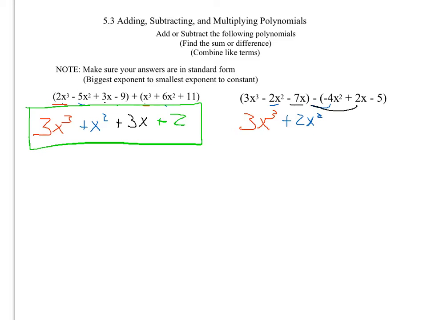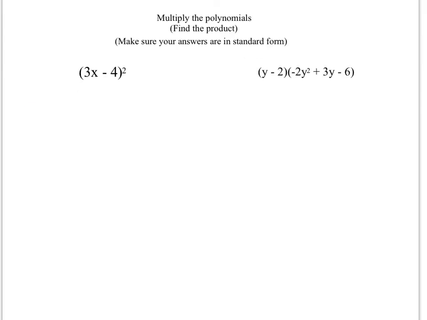So negative 7 minus 2 more will be minus 9x. And then finally, we move down to the constant. In this first set of parentheses, there are no constants, so all we do is minus that negative 5. So minus a negative would be plus. So there it is. Our answer in this, 3x cubed plus 2x squared minus 9x plus 5. Just combine the like terms.